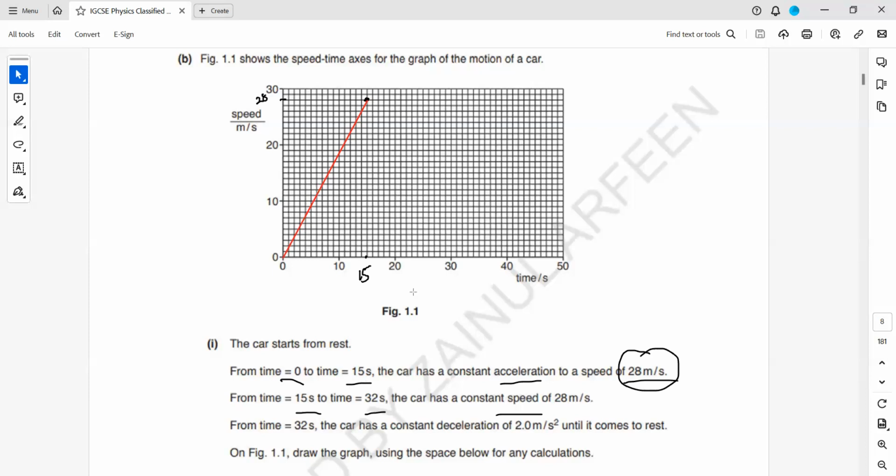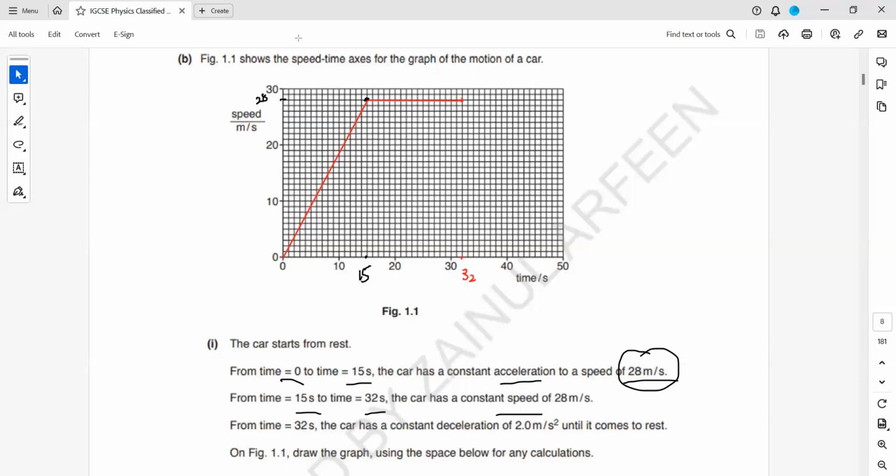Then from 15 to 32 seconds, 10 boxes are equal to 10, so each is representing 1. So this is 32. From 15 seconds to 32 seconds, it moves at a constant speed of 28.